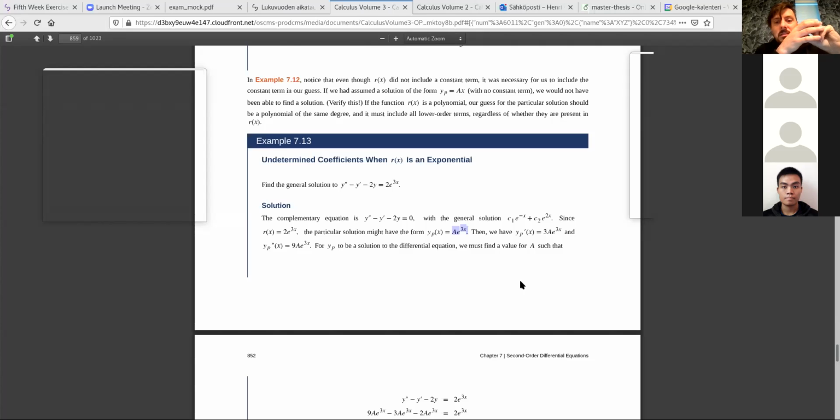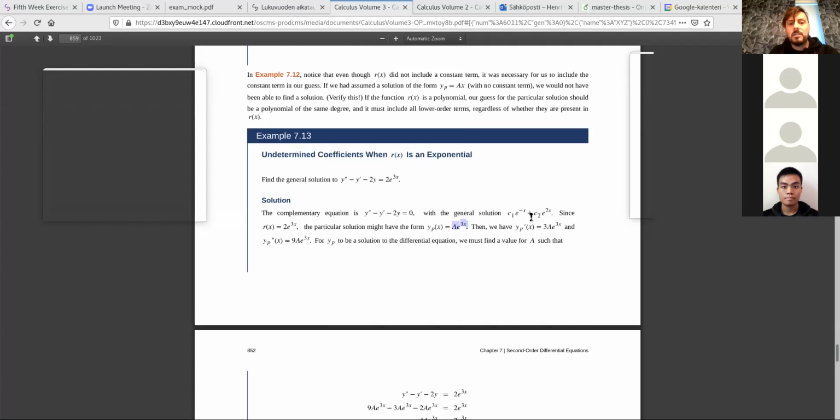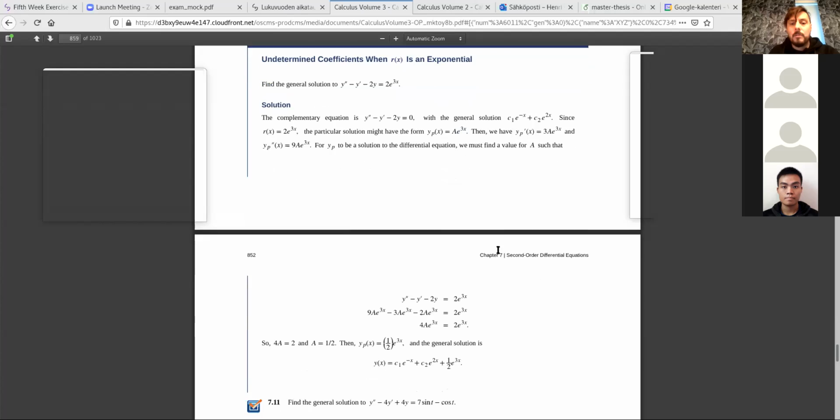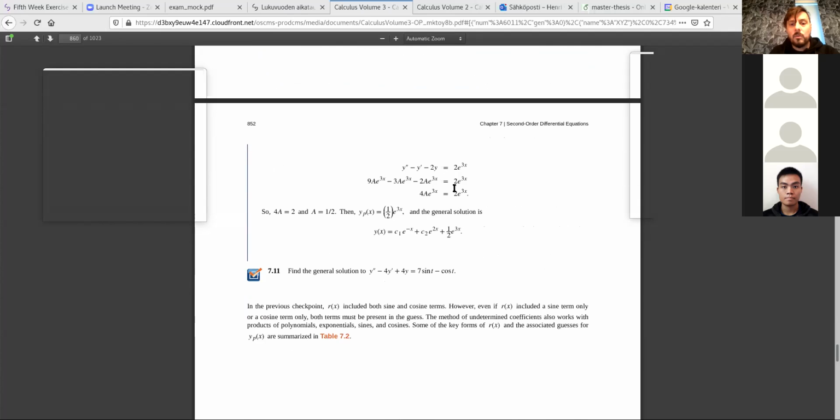If we put this undetermined coefficient candidate into the equation, we notice that it is satisfied as long as a is 1/2.